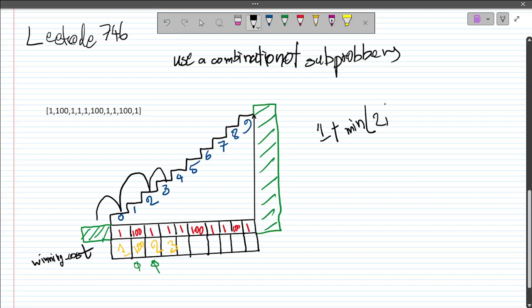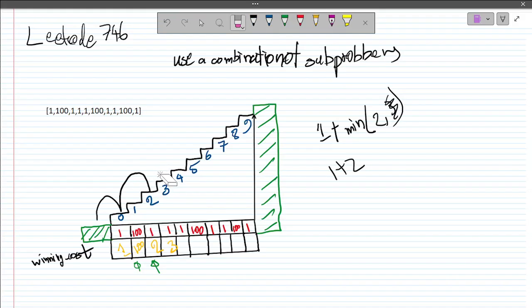So minimum of 2 and 3. Obviously, we're going to come through the cheaper step. We're not going to use that one. So 1 plus 2 is 3. So actually, we're not taking this step. See how we did not extend that any further? We are going to use the cheapest route to come here. So we have actually skipped step 3. So that's, how much was that? That's 3. Okay. So that's the winning number now.